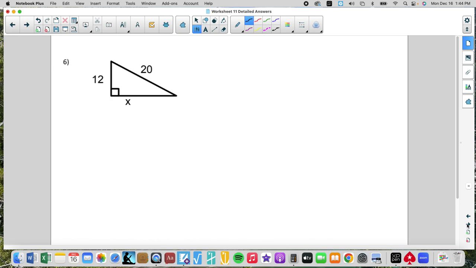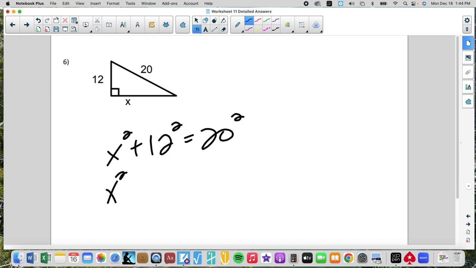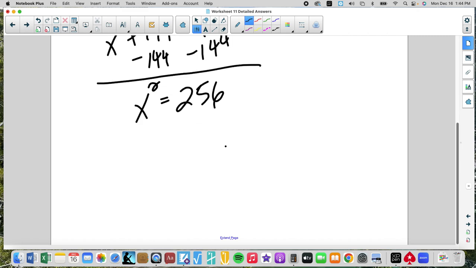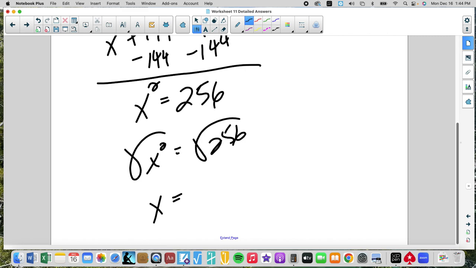And, oh, I thought we were done. We are not. X squared plus 12 squared equals 20 squared. X squared plus 144 equals 400. Minus 144, minus 144, gives us 256. Yes, square root, x equals, oh, let's say that that's 16.